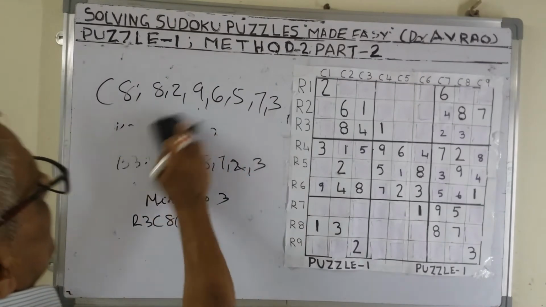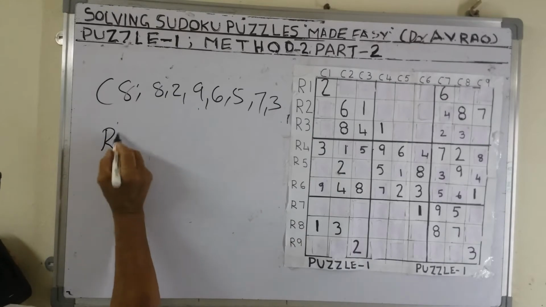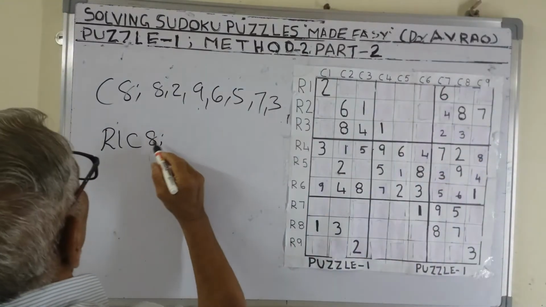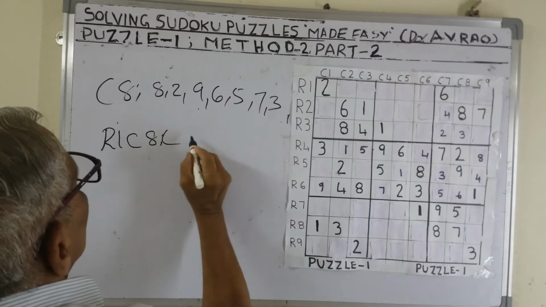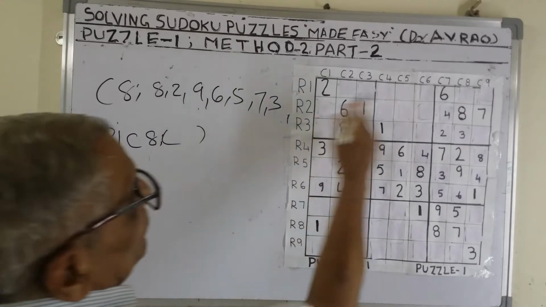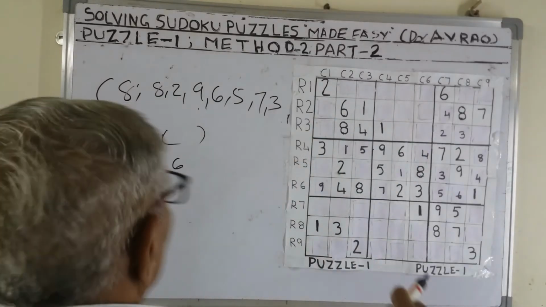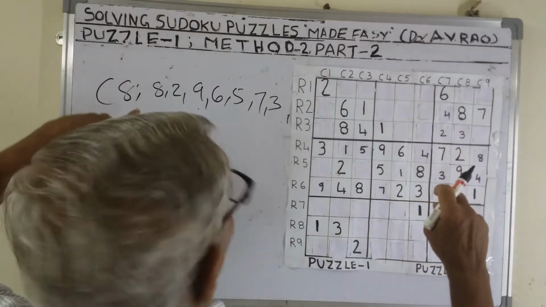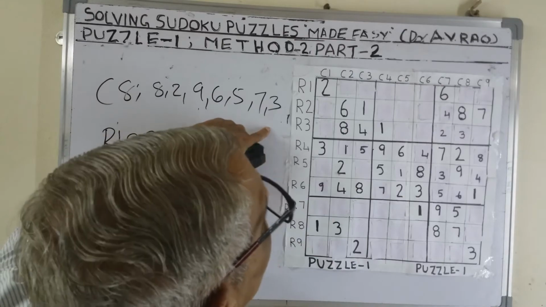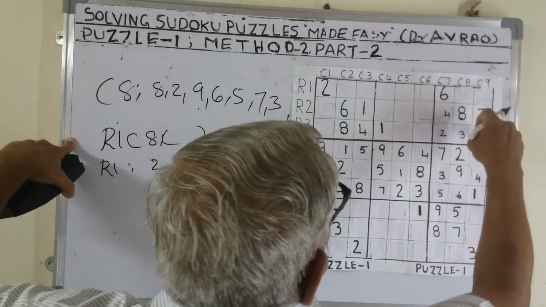What are the numbers present? Sorry, the R1C8 cell must be filled up. So R1 has 2 and 6. And C8, of course, we have already written.